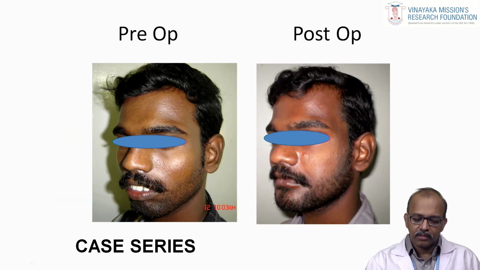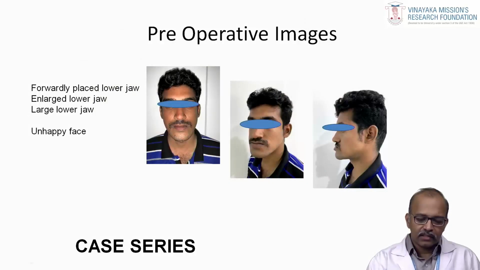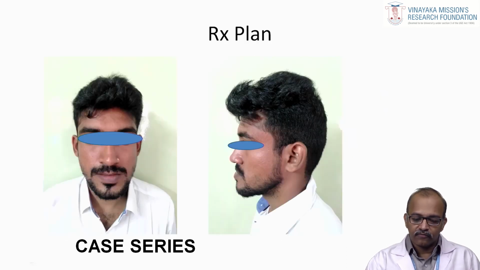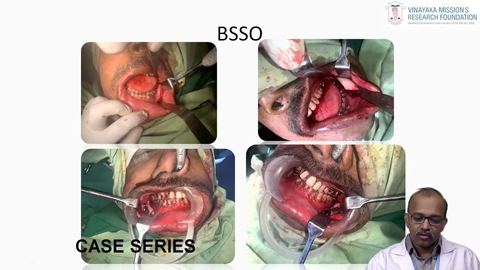This is pre-op, this is post-op. This patient has a forwardly placed lower jaw and is not happy, and gives a clear history of it being the lower jaw alone. There is a lateral shift, and this is the treatment plan. What I planned is BSSO setback.